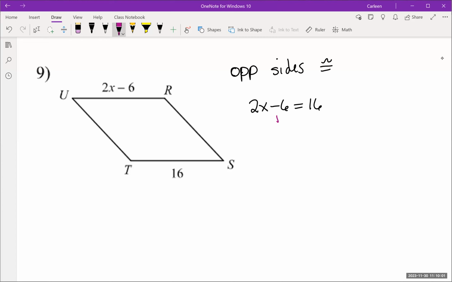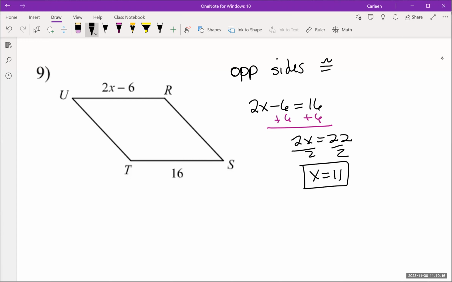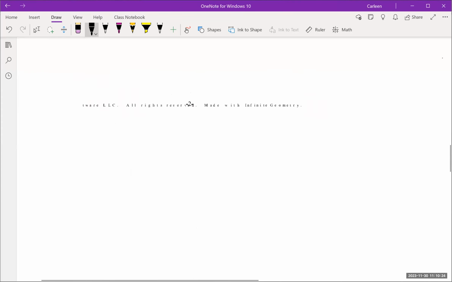So now we're going to add 6. 2x is equal to 22. Divide by 2, x is equal to 11. Again. Coincidence.